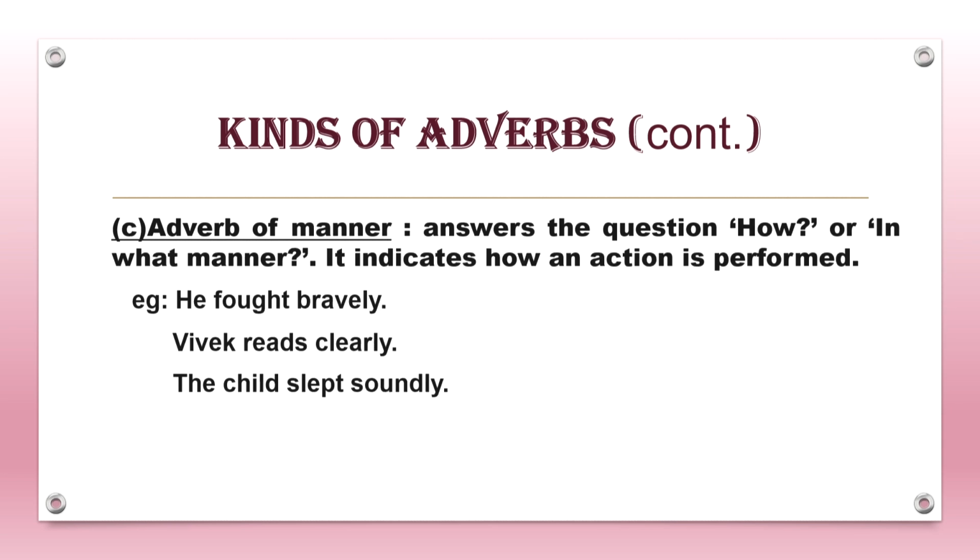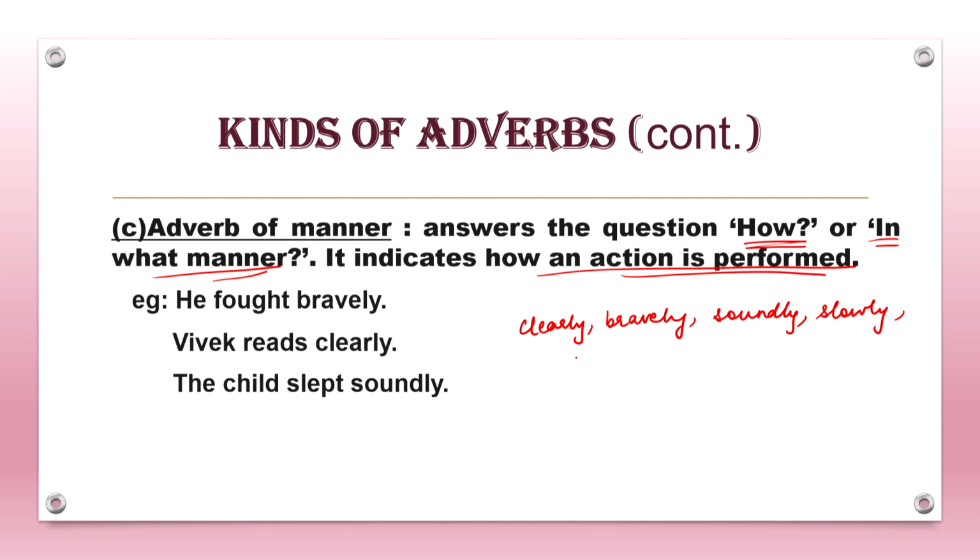So, next, adverb of manner. Now, adverb of manner answers the question how or in what manner. It indicates how an action is performed. So, is it clear? So, clearly, bravely, soundly, slowly, carefully, beautifully, and so on.